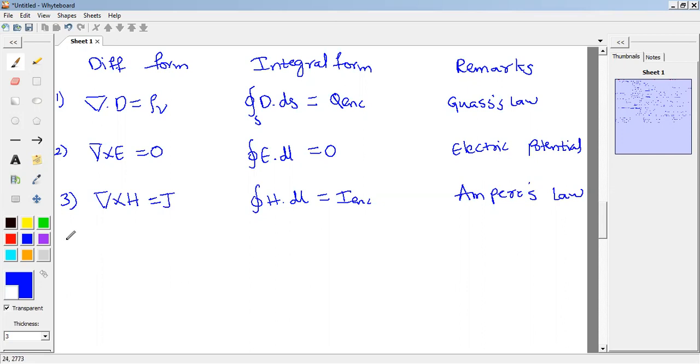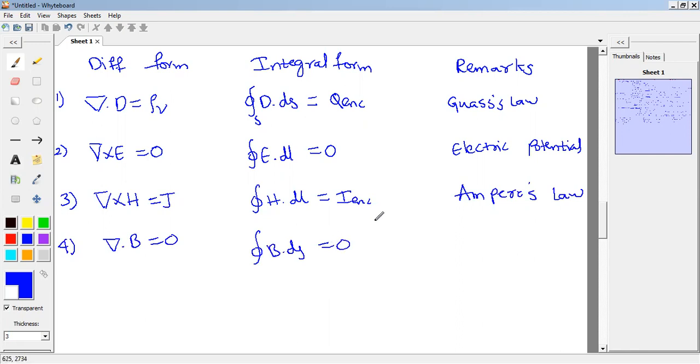Now the fourth one is del dot B equal to 0. In the differential form, del is nothing but the differential vector operator, dou by dou x plus dou by dou y plus dou by dou z. The integral form is the closed integral of B dot ds equal to 0.